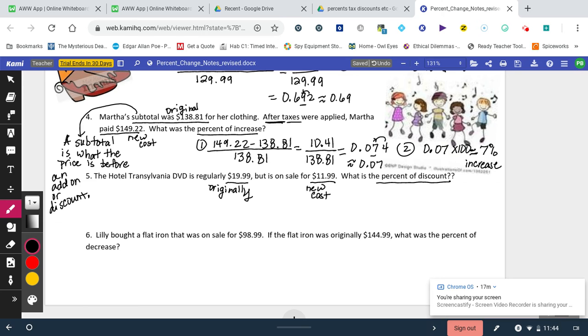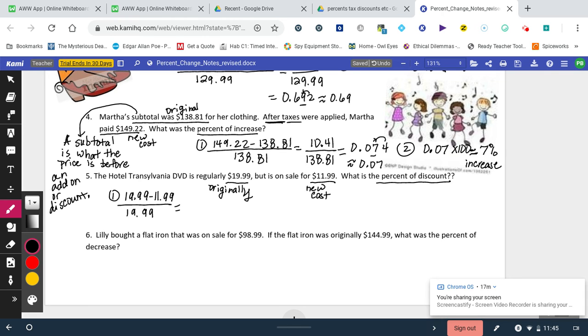All right, so I'll start off by finding the difference. $19.99. Let me write that a little better. $19.99 minus $11.99 divided by the original cost. The original cost was $19.99.